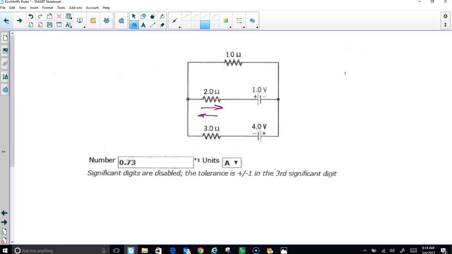So sketch this in your notes real quick. And here's what I want you to do. First, let's put down the resistors. This we're going to call R1. This one we'll call R2. We'll call this one R3, which will be convenient because their resistances are 1, 2, and 3 as well.